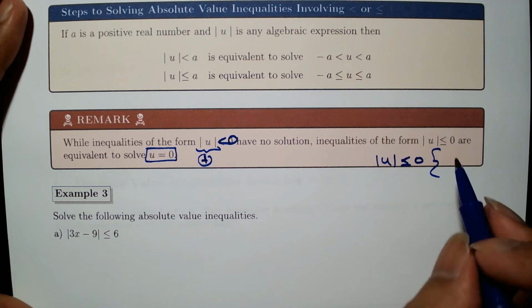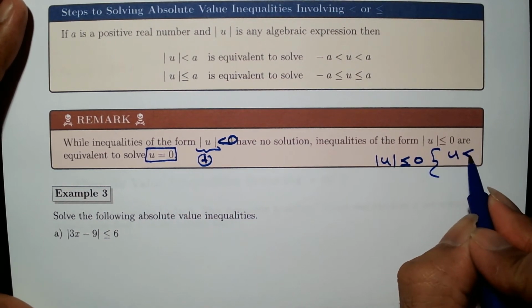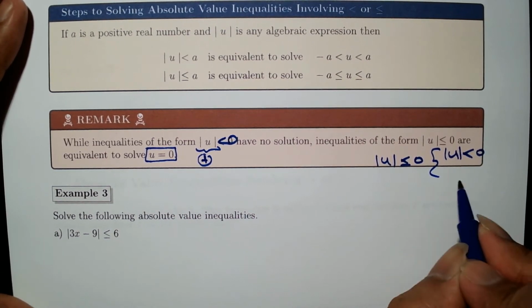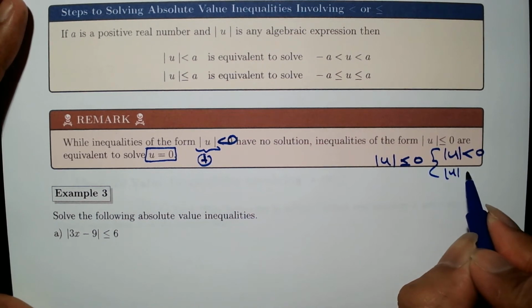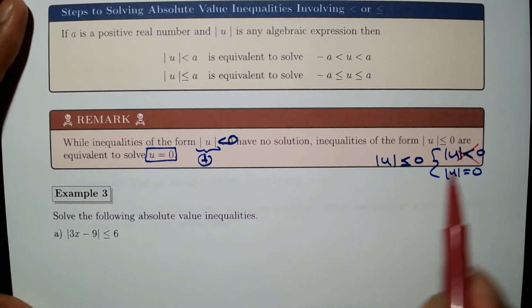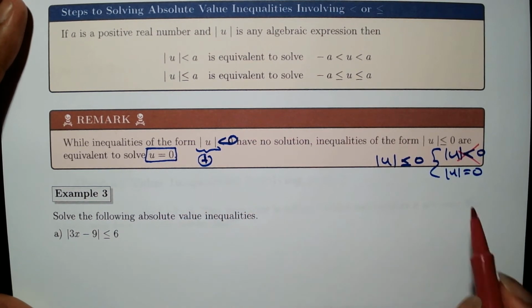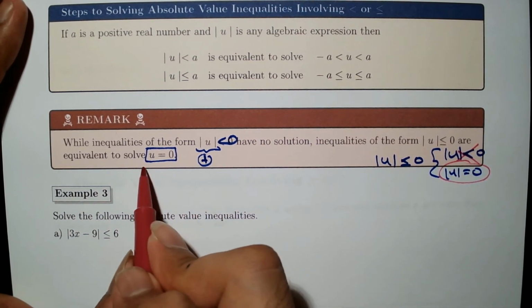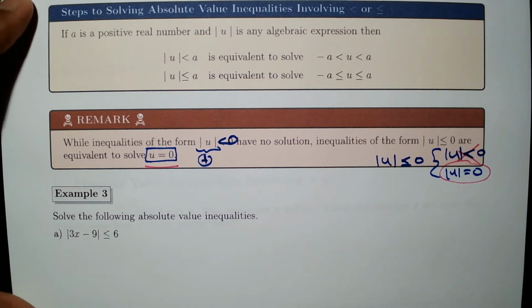This is the same as looking at absolute value of u less than 0, and absolute value of u equals 0. This one we already discussed over here, no solution, so we only look at this one right there. Okay, so let's solve the following inequalities.